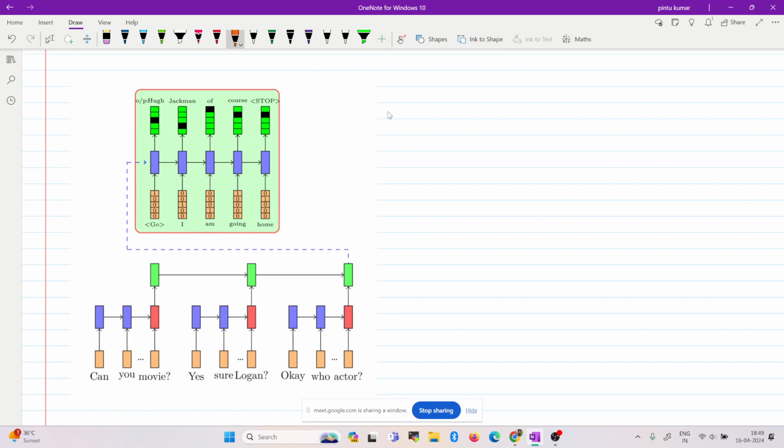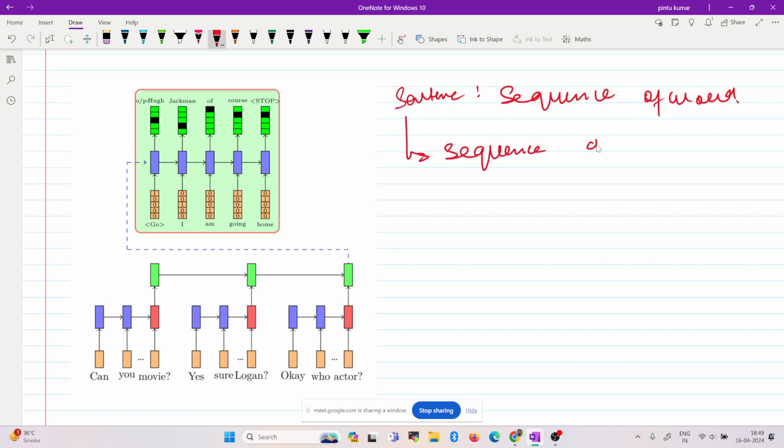So now, what is a sentence? A sentence is a sequence of words. Now the case that we are trying to tackle over here is a sequence of sentences.